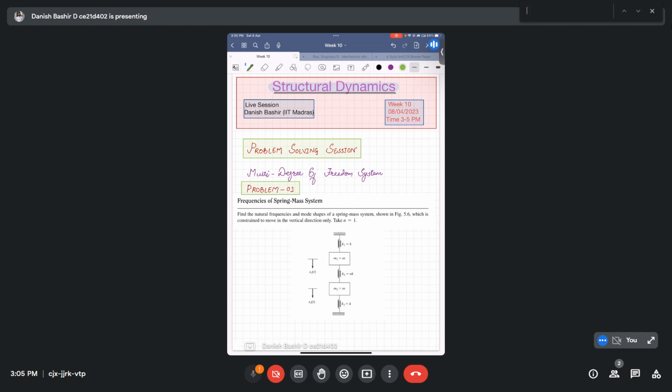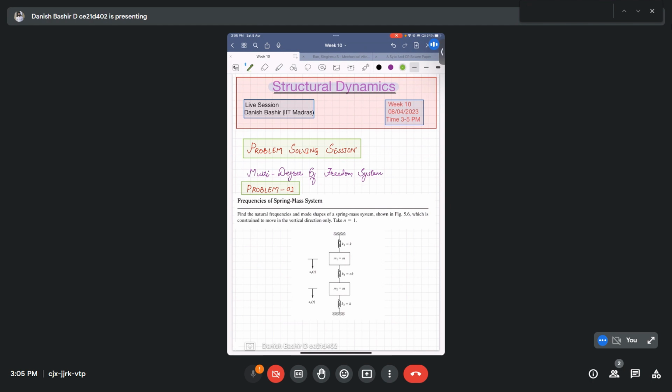So in the last week, we studied how to derive the general governing differential equation of a multi-degree of freedom system, wherein we derived the governing system of equations for a frame which was having two degrees of freedom. So we will be today solving some of the problems regarding multi-degree of freedom systems, in which we will deal with 2 degree of freedom systems and 3 degree of freedom systems as well.